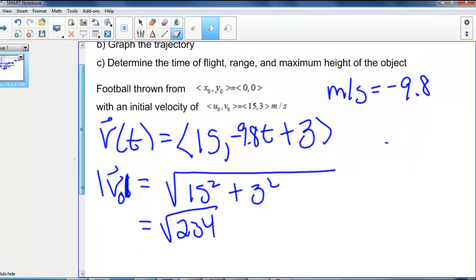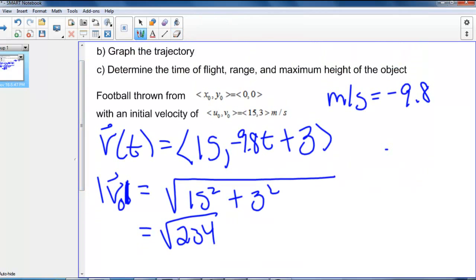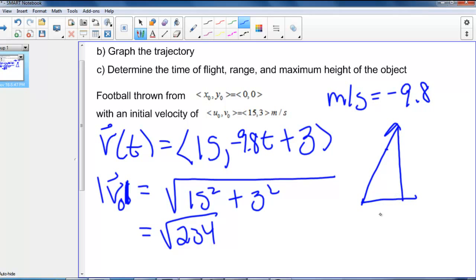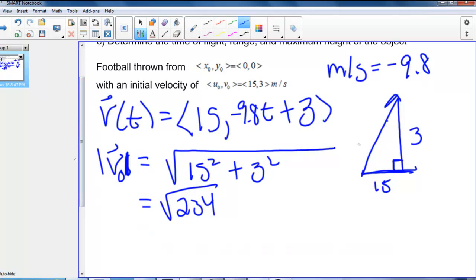And next we need to find sine of alpha. So our initial velocity goes upward. We know that its horizontal component is 15, its vertical component is 3, and we have a right angle, and we know that this is square root of 234.